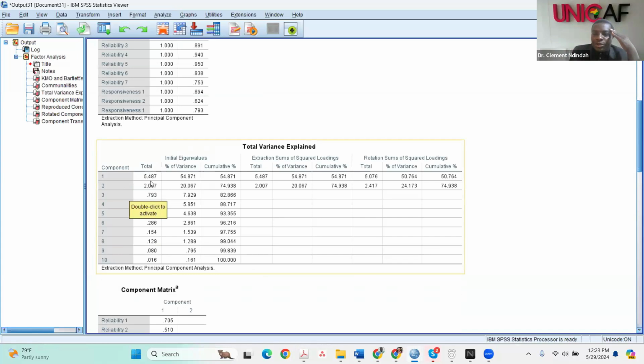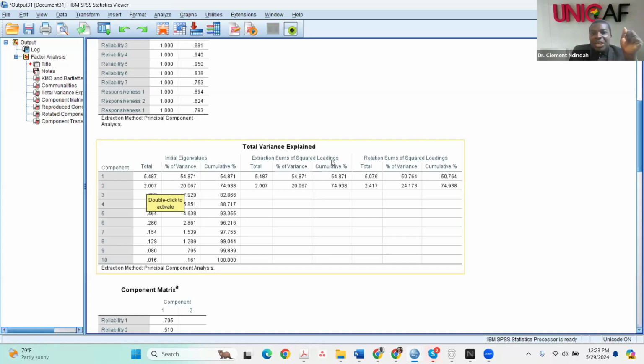So in your exploratory factor analysis, you want the different factors or groupings to have eigenvalues greater than 1. You see these 2 possible groupings have eigenvalues greater than 1.